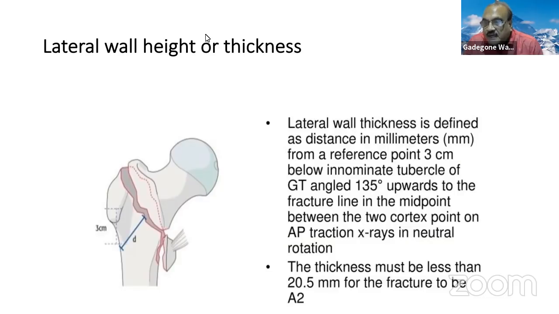Because of DHS fixation, an A2 fracture will convert into an A3 fracture, and there will be a progressive medialization, and that is the cause of failure, and therefore we are discussing this.